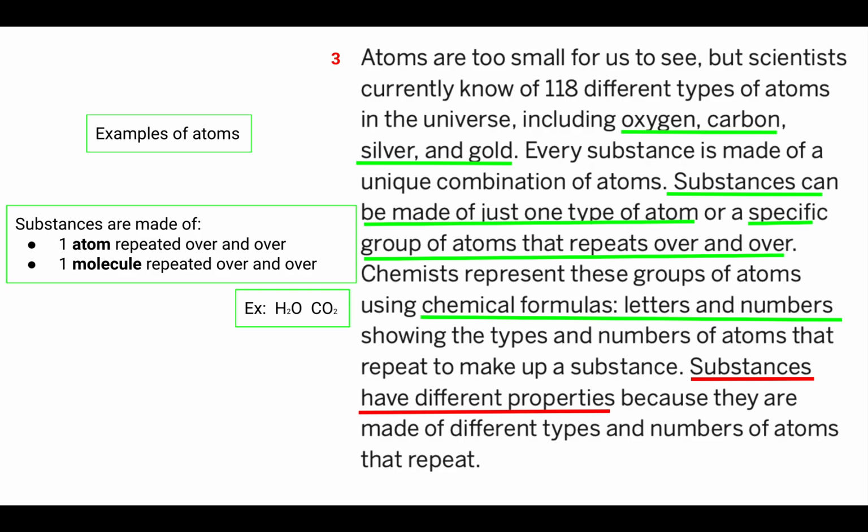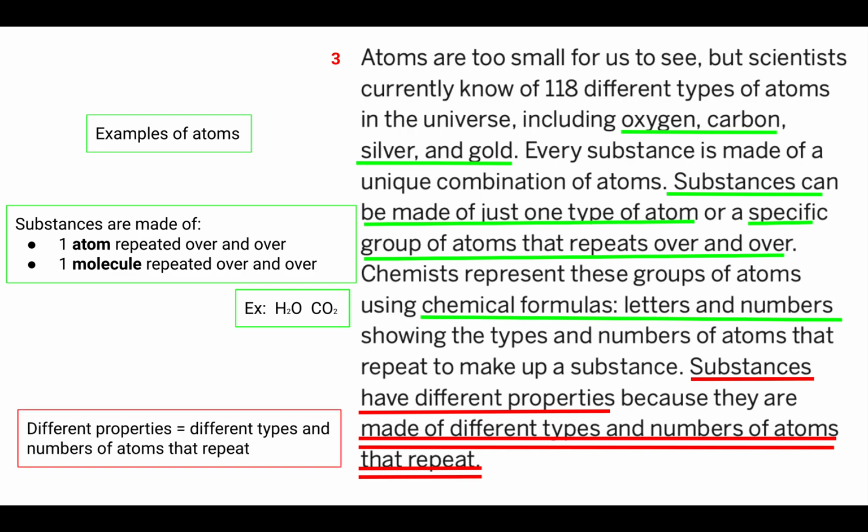And it's because they're made of different types and numbers of atoms that repeat. There's my answer. And again, that's why I have it in red. This is all on that front page, right? So you can just circle that and tie that back up to your question if you want to.